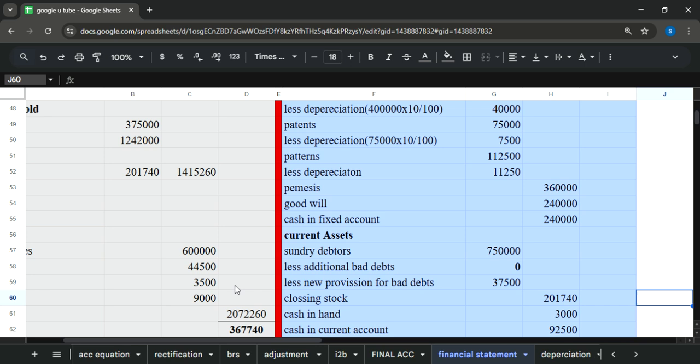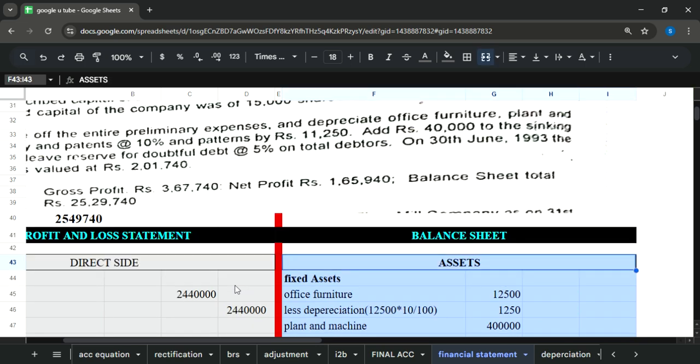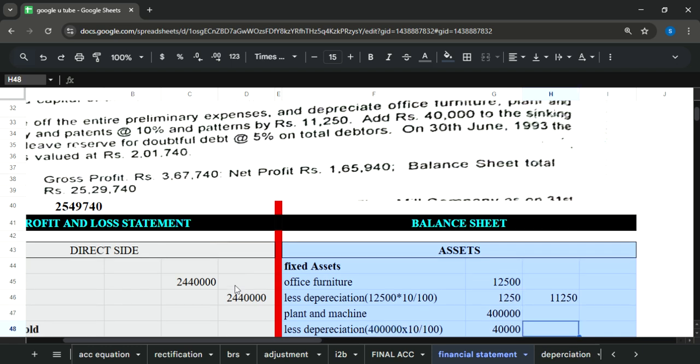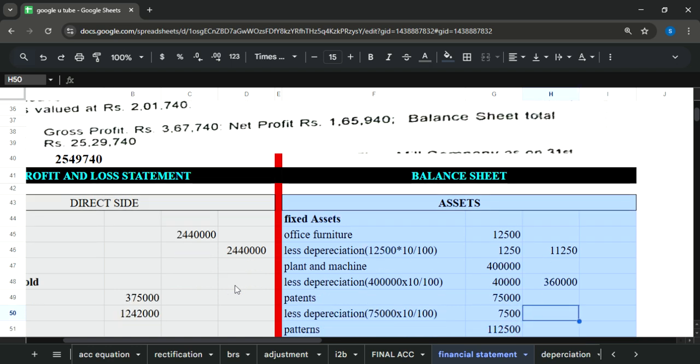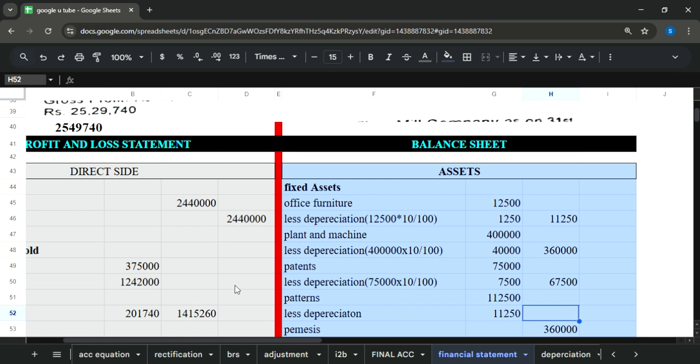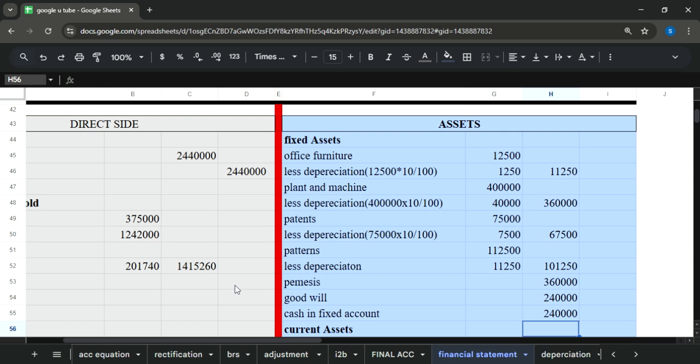Now we will be focusing upon our asset side, and here first office furniture, let's subtract its depreciation. Then we have plant, subtract its depreciation. Then we have patents, subtract its depreciation. After which we have patrons, subtract its depreciation. It means all fixed assets are completed.